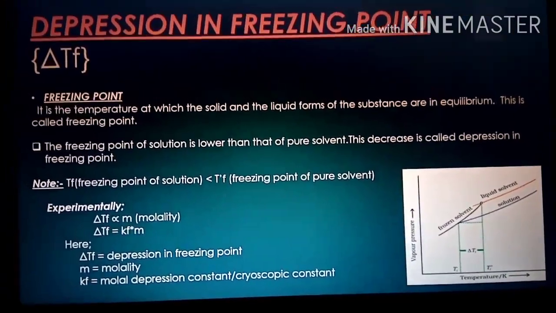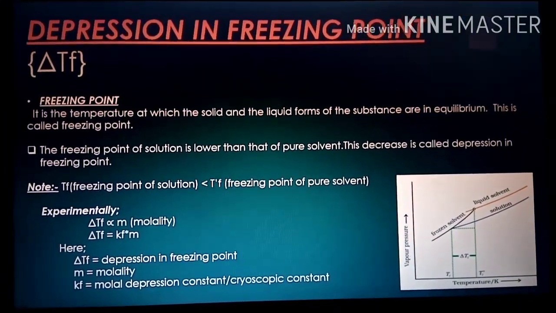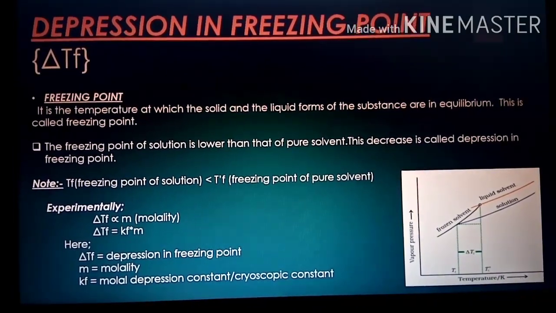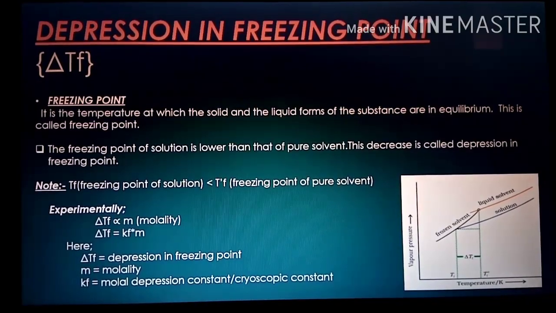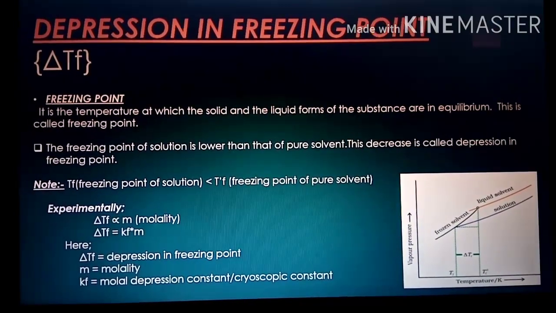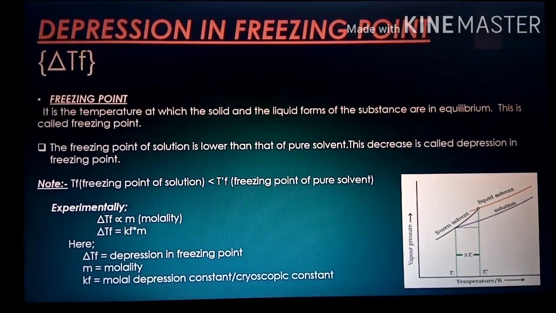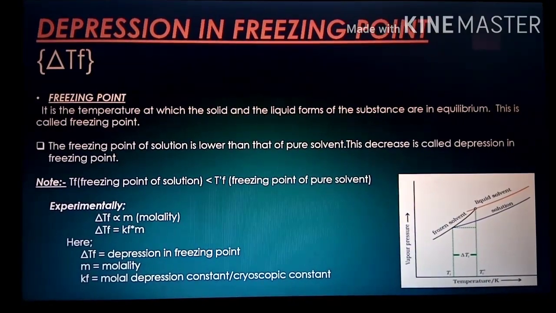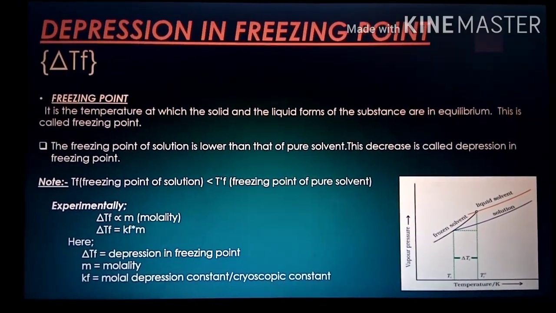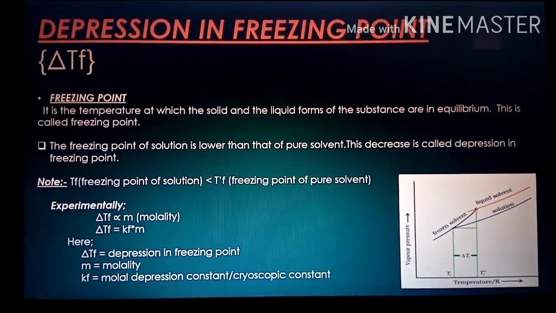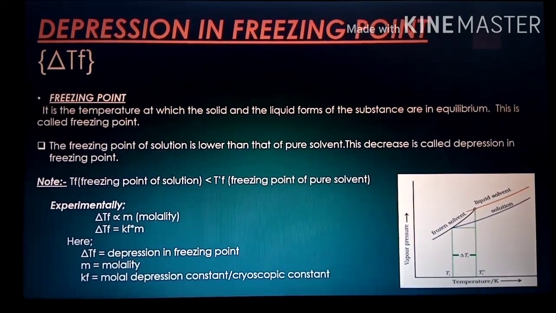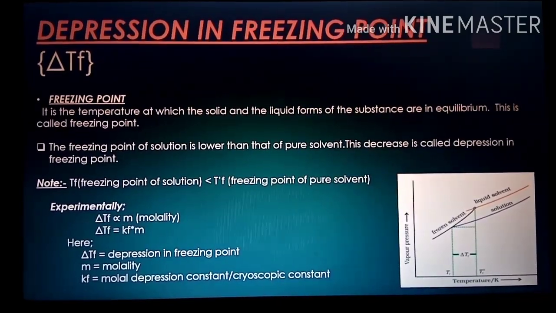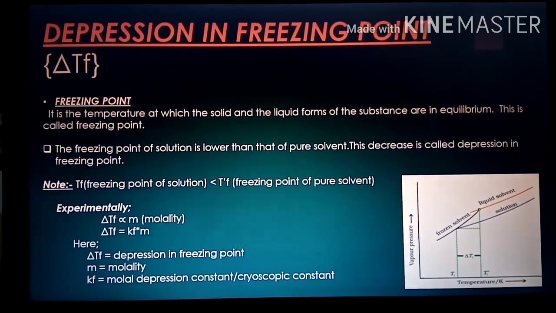Now let's see the graph of depression in freezing point, what it is saying. Similarly to elevation in boiling point, take temperature in Kelvin on the x-axis and vapor pressure on the y-axis. You can see there are three lines, two of them straight.